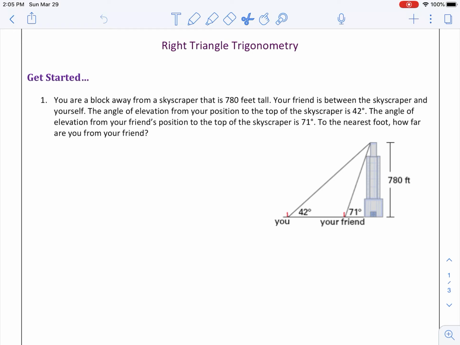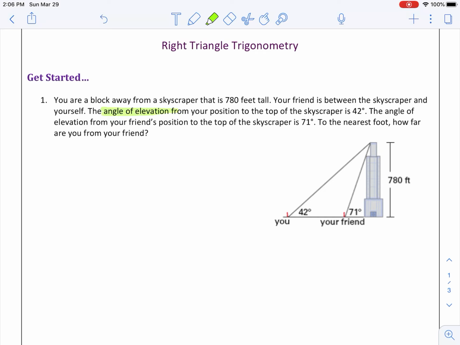I'm going to just give you some hints on this and talk about two new terms, and that's all for today. So this first one, you are a block away from a skyscraper that is 780 feet tall. Your friend is between the skyscraper and yourself. The angle of elevation, that is one of the new terms we're going to talk about.